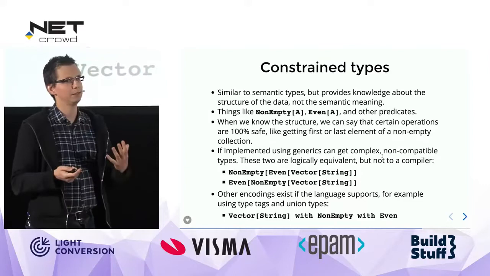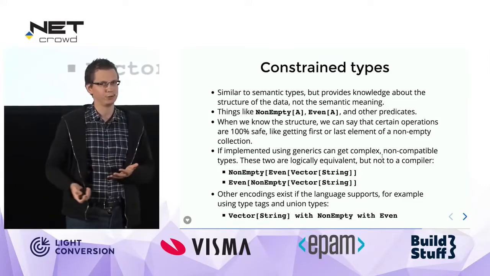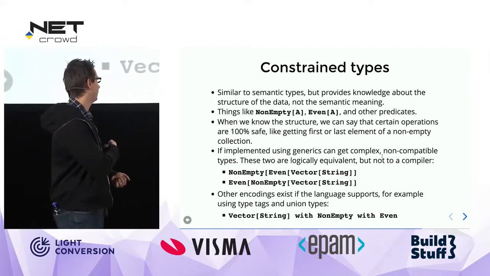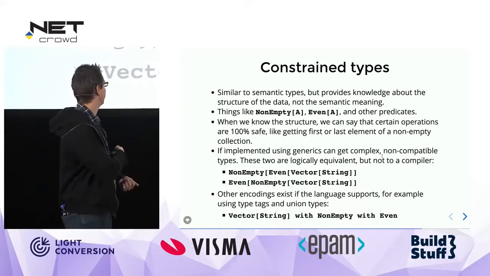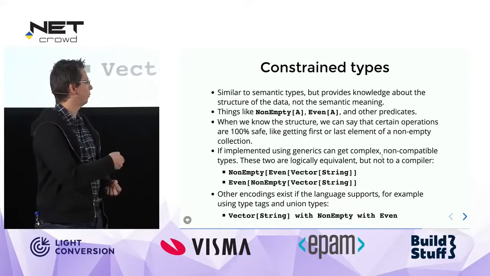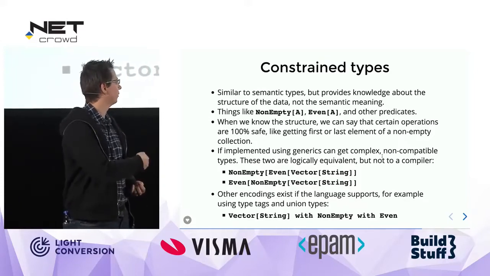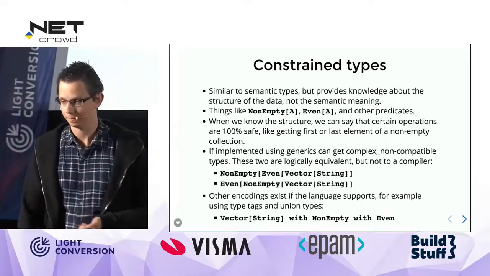But this all depends on the encoding that your language supports. So in Scala, you might have a different type of encoding, not using generics, but using union types. And you can say, this is a vector with these traits, with these tags. It's a vector with non-empty tag and an even tag. And then the order doesn't matter.